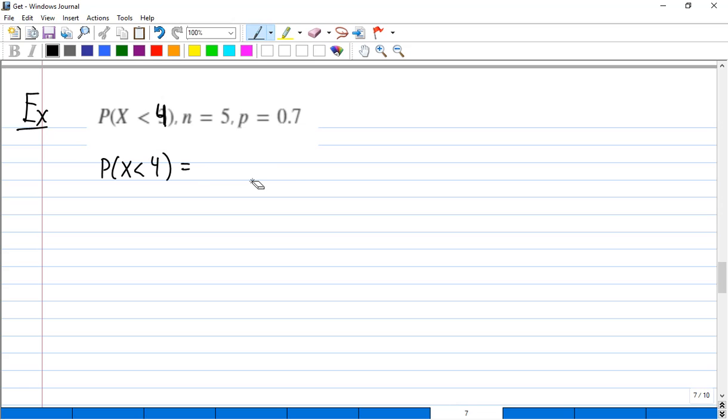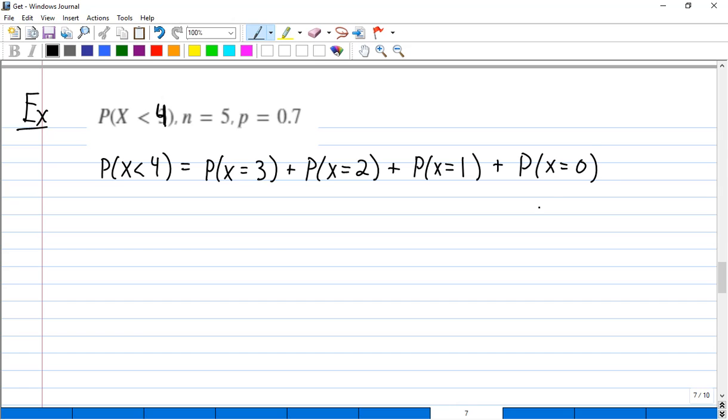Alright, so if I wanted to know the probability that x is less than 4, and this is a binomial probability distribution problem, that would be the probability that x is equal to 3 plus the probability that x is equal to 2 plus the probability that x is equal to 1 plus the probability that x is equal to 0.